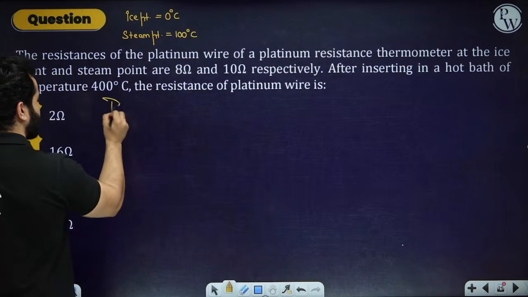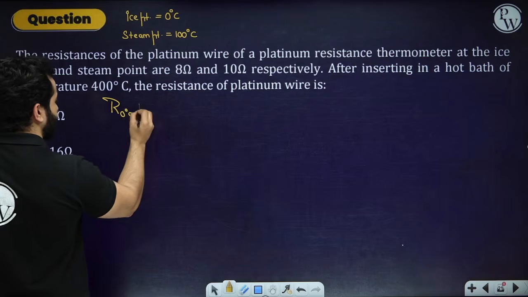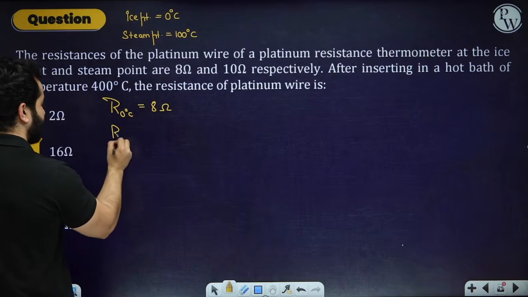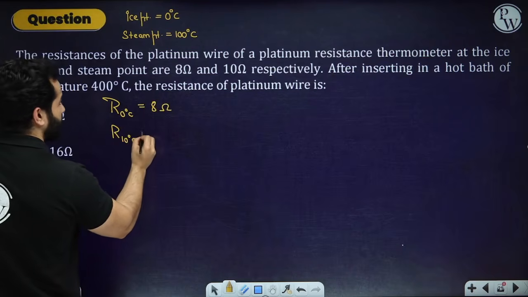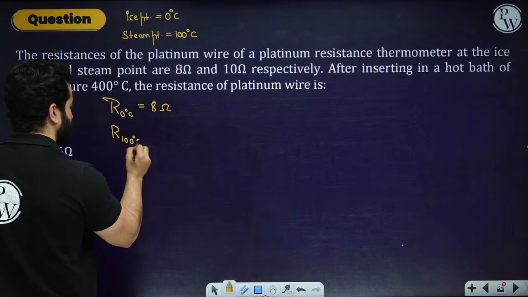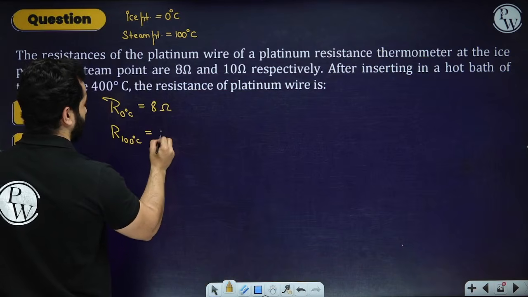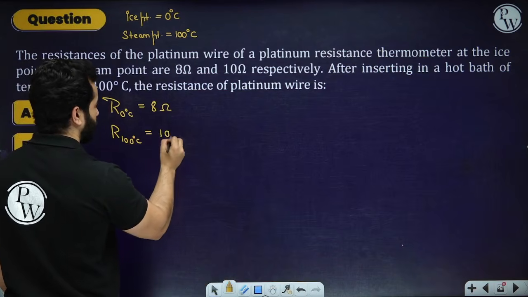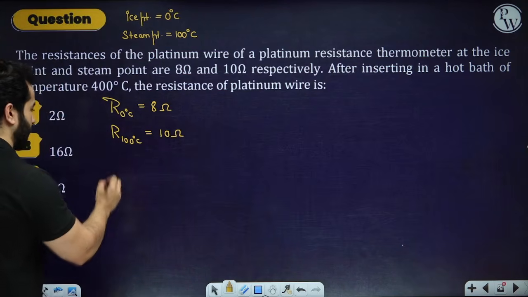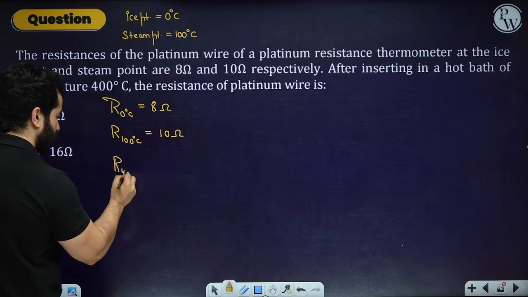So that means resistance at 0 degree Celsius is 8 ohm, and resistance at 100 degree Celsius is 10 ohm. And we have to find it at 400 degree Celsius.